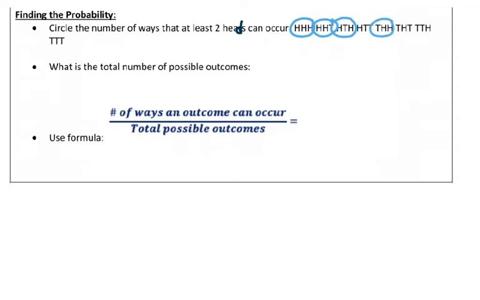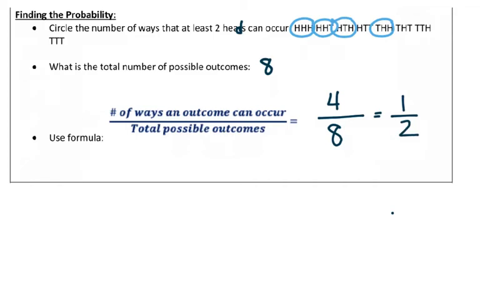Okay. So what's the total possible outcomes? We already did that on our last page. There are 8. And then if we were going to find at least 2 heads, we would use this formula. So on top, we found that there are 4 ways out of 8 possible. And remember, that reduces to 1 over 2.